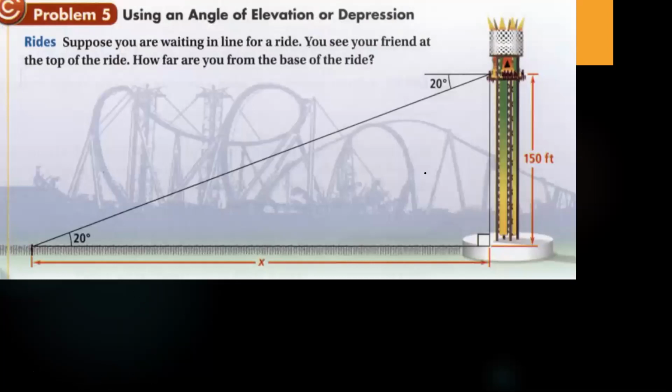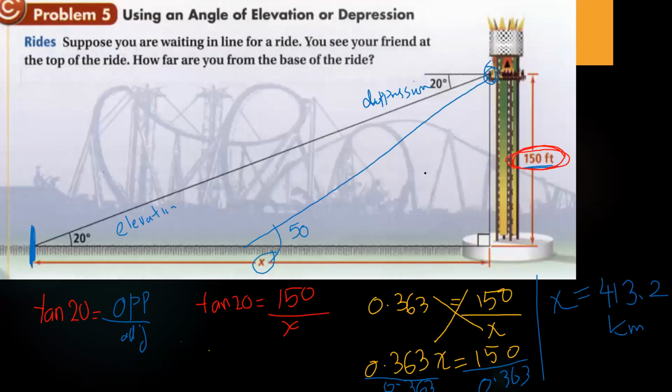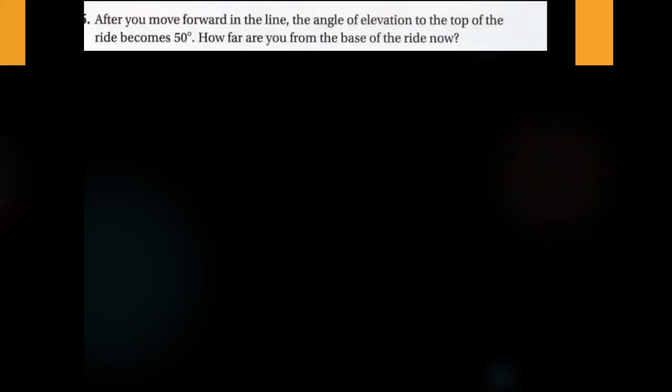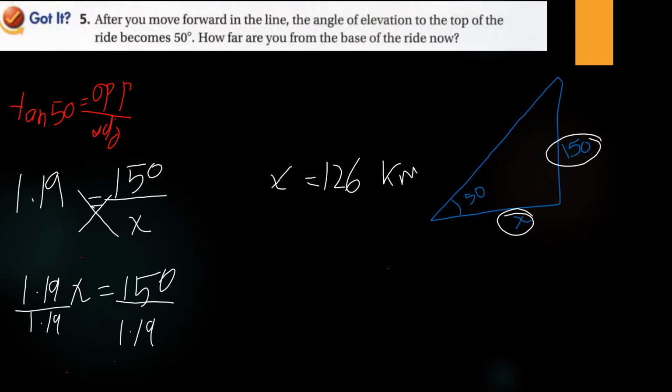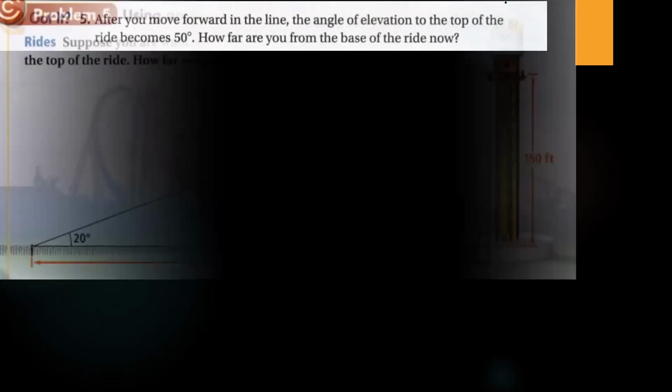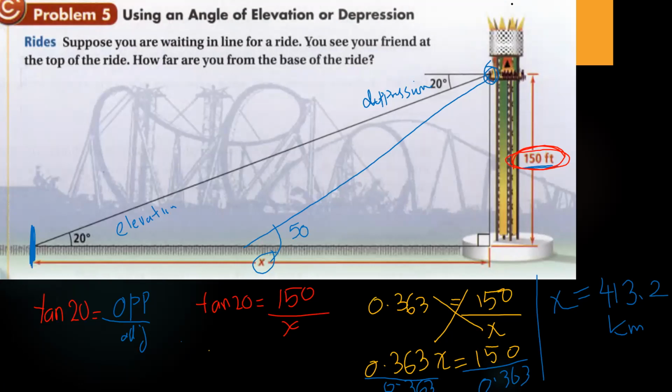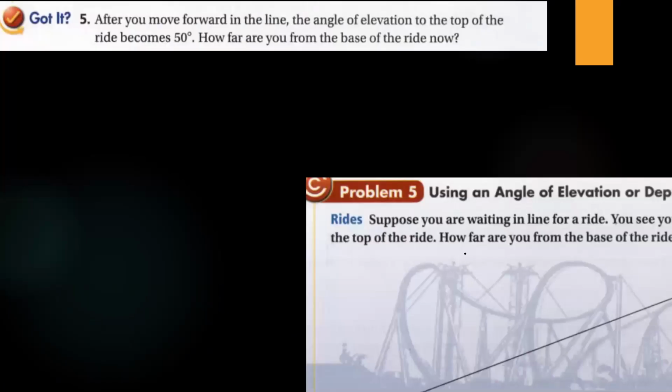Look here, when you are at an angle of 20, you are very far from him. But when you are moving forward on the line, your angle will increase. Since you move forward, the distance from me to the base of the right will be less than when I am at 20 degrees.